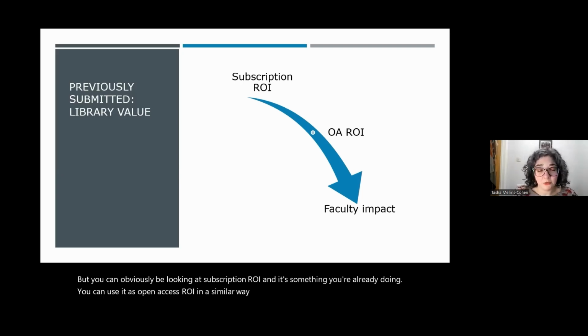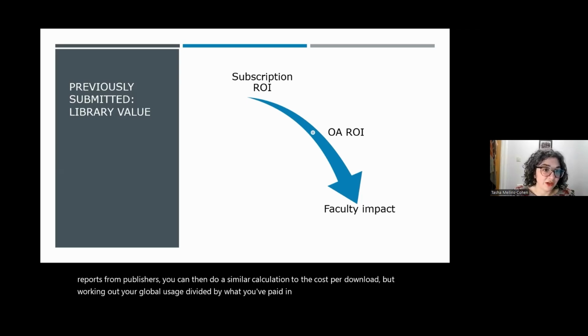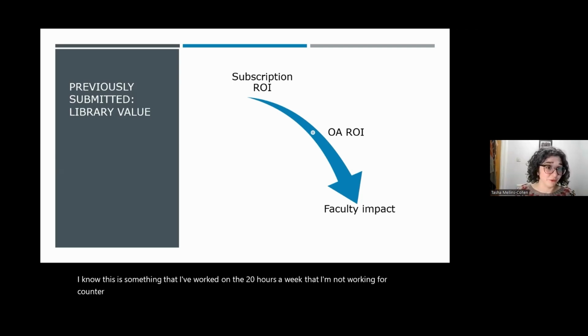So if you can get hold of your global item reports from publishers, you can then do a similar calculation to the cost per download, but working out your global usage divided by what you've paid in an APC or your share of a transformative deal. I know this is something that I've worked on. So the 20 hours a week that I'm not working for Counter, I'm a consultant for not-for-profit publishers doing OA transitions.